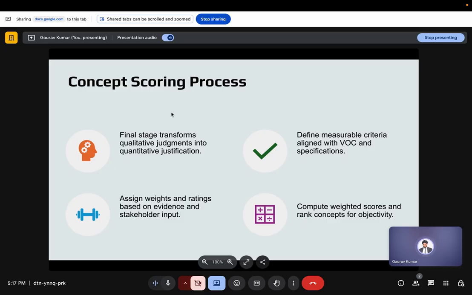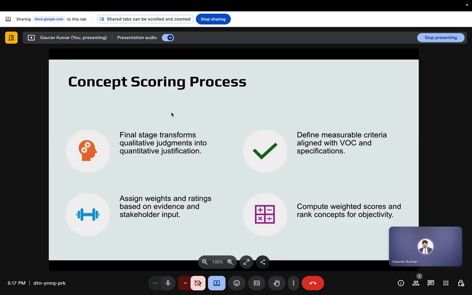These criteria ensure that the evaluation reflects user expectations, technical feasibility, and business viability simultaneously. Weights are assigned to each criterion through team consensus or pairwise comparison, and numerical ratings are given to each concept based on test data or expert evaluation. The weighted scores are then summed to determine an objective rank order among alternatives.